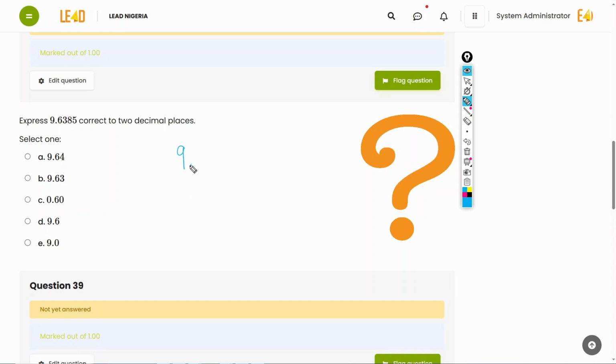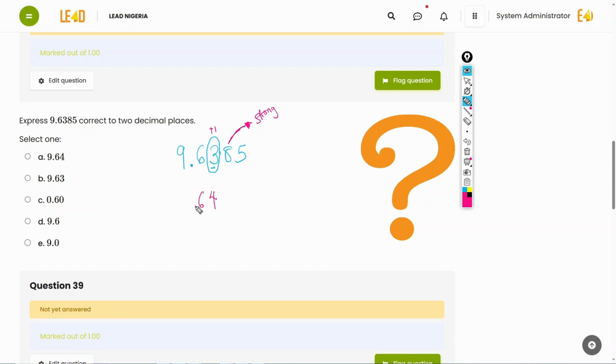Express 9.6385 correct to 2 decimal places. We are rounding to the second decimal place, which is 3. So I will test the digit to the right of it. 8 is a strong digit, so I add 1.